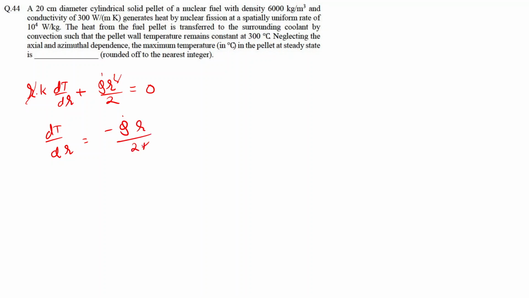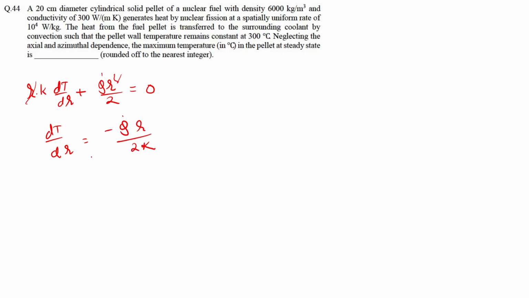So we can write this as r k dT by dr plus q dot r square by 2 is equal to c1, and c1 was 0. Now we can again simplify this, and this r will get cancelled out, so dT by dr is equal to minus q dot r upon 2k.